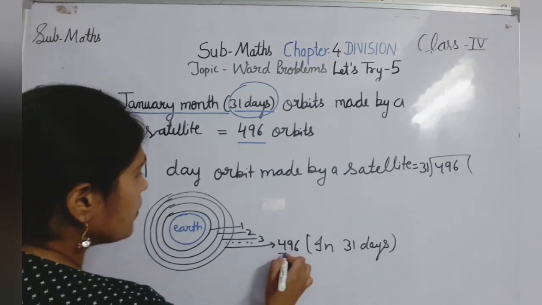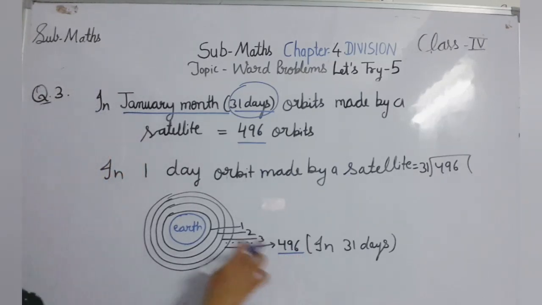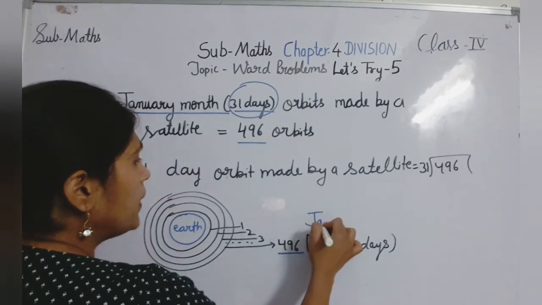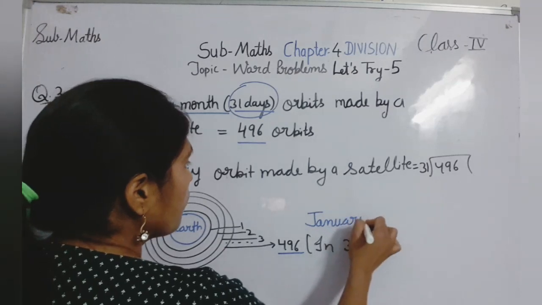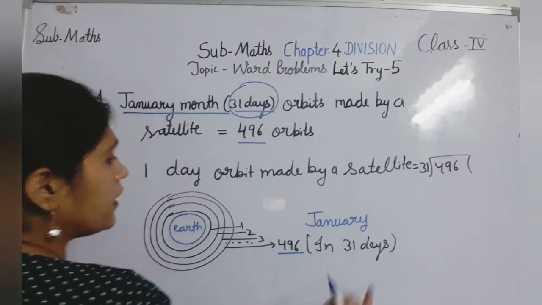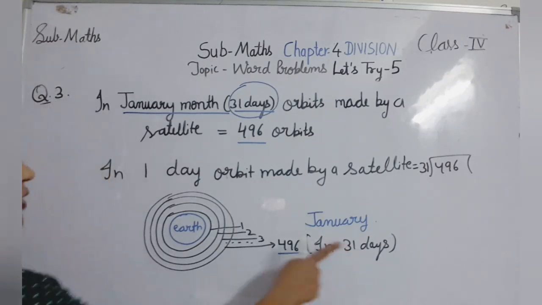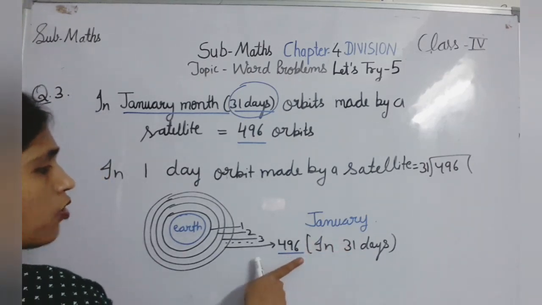The satellite has made 496 orbits. And how many days did it take to make 496 rounds? It took 31 days, meaning the complete January month. So in 31 days it has made 496 orbits.